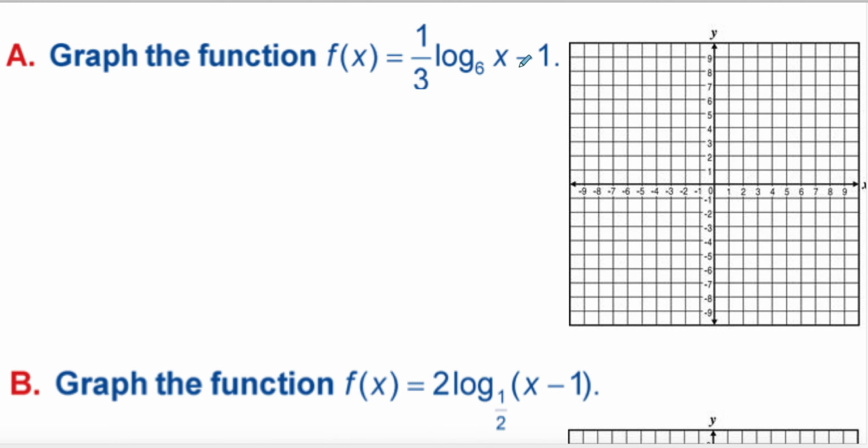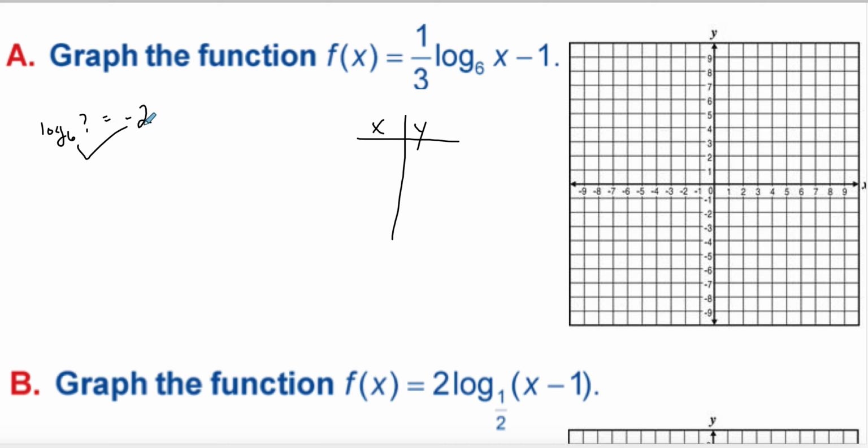So we have 1/3 times log base 6 of x minus 1. Okay, so we want this x to be powers of 6, as you saw that I had before. Hopefully you can make an easy prediction. What's the first one going to be? Log base 6 of something equals a -2.